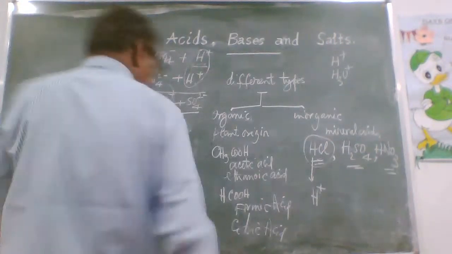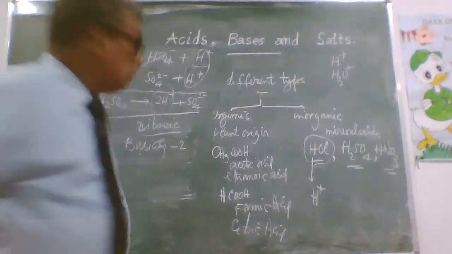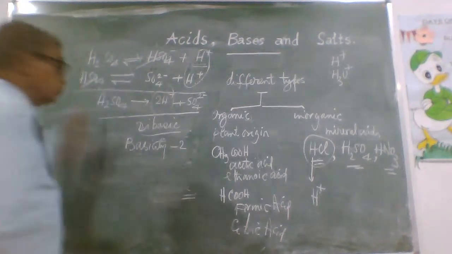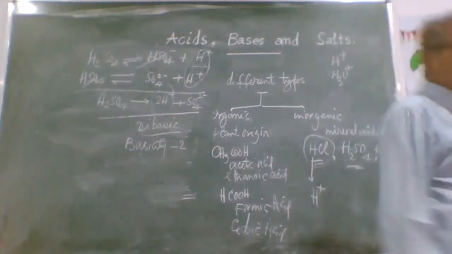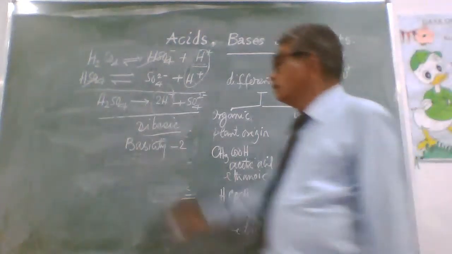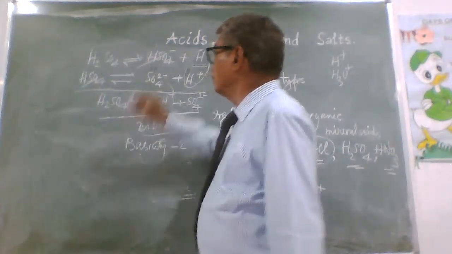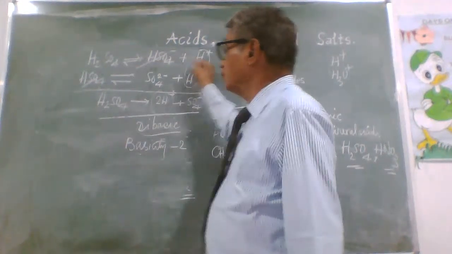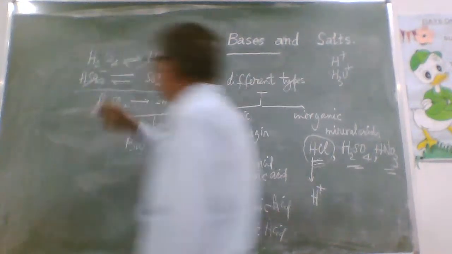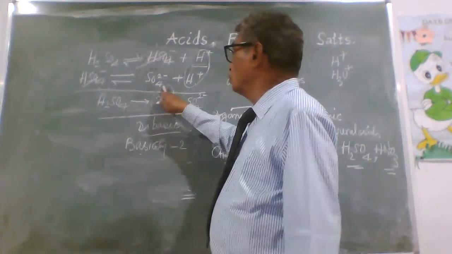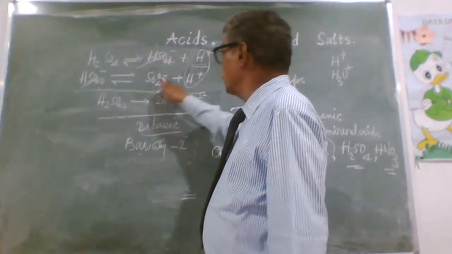Now there are tribasic acids also. Please copy it down. I give you time for that. H2SO4 gives HSO4 minus plus H plus. HSO4 minus gives SO4 2 minus plus H plus.